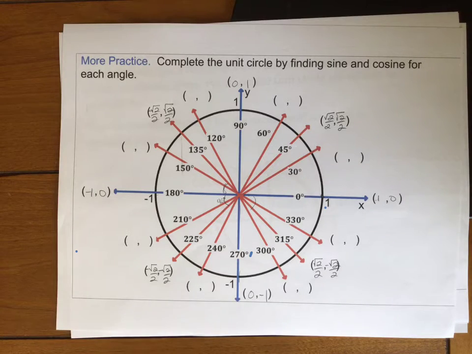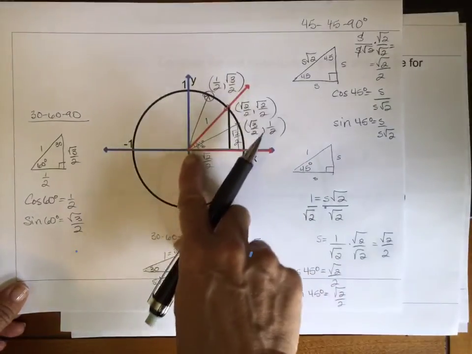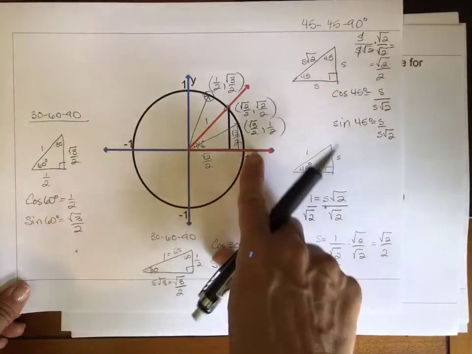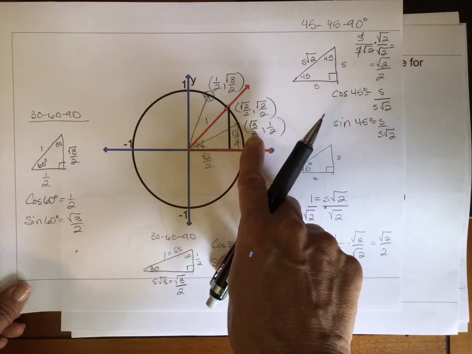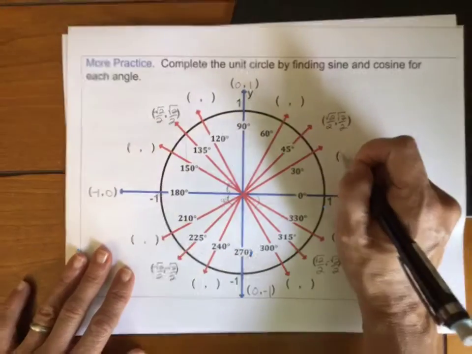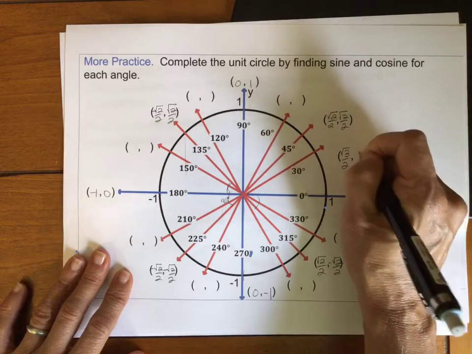So now, if we take a back look at them, remember the second triangle we did was this 30-degree triangle right here. And we said our values were root 3 over 2 and 1/2 in the first quadrant. So we're just going to fill those in, root 3 over 2 and 1/2.